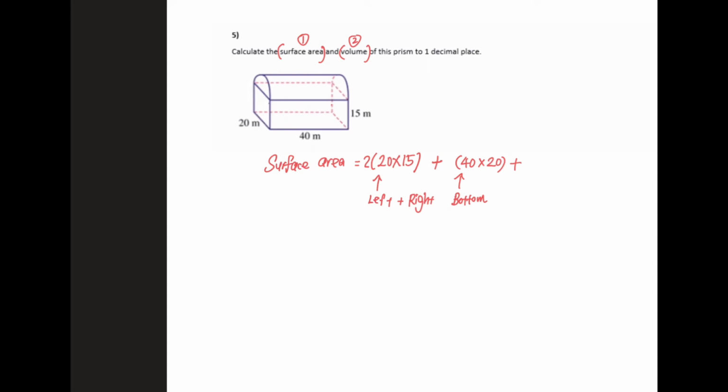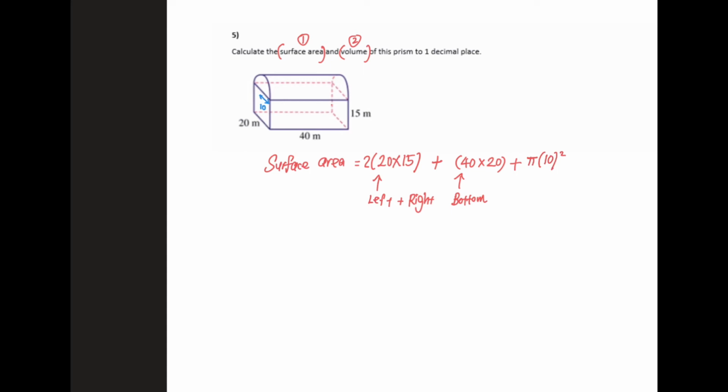The r is radius. The radius is 10. As you can see, the whole line is 20, that's the diameter, so half of it is 10. So pi r square, we have pi 10 square.